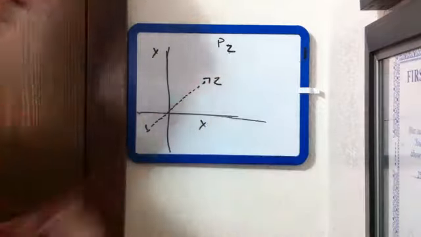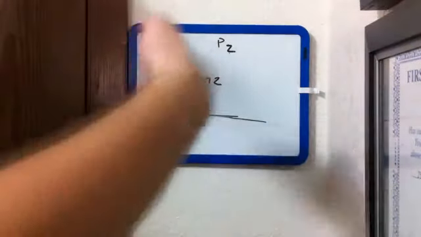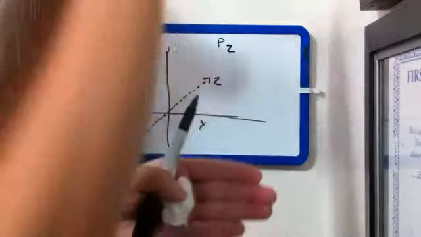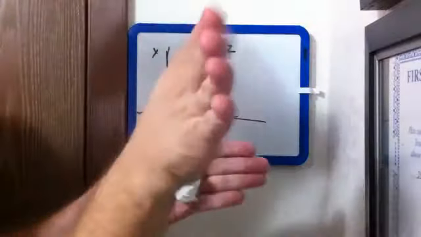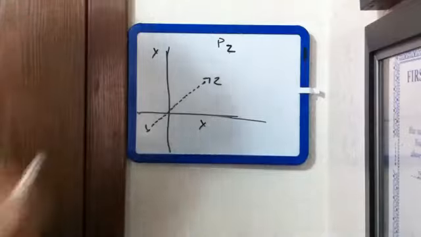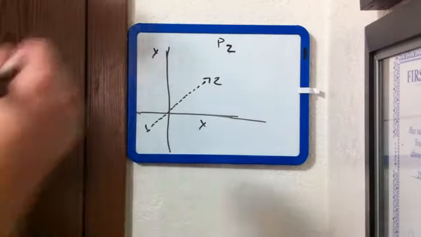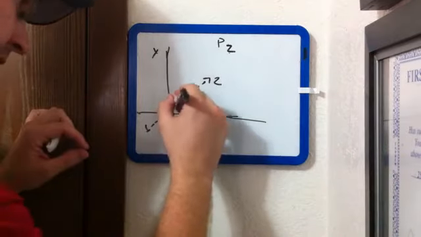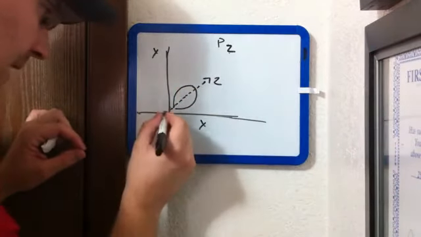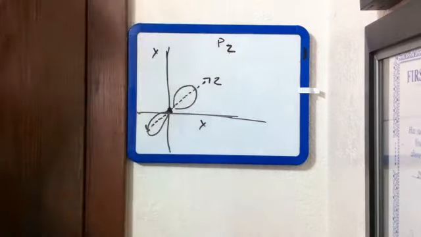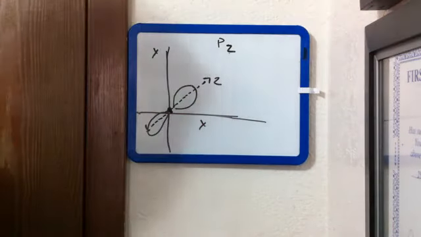That is a spatial dimension, so I have horizontal, vertical, and then a spatial dimension, kind of like coming at you in 3D. I can also have a p orbital align itself along that spatial dimension of z, and of course my node of zero probability is at the nucleus.